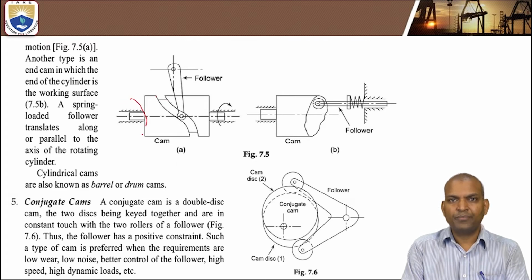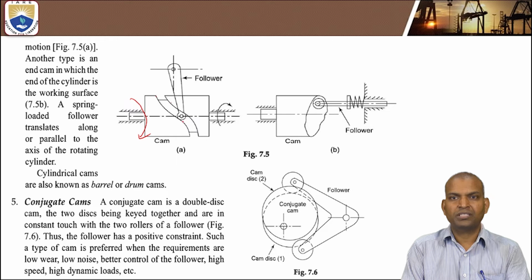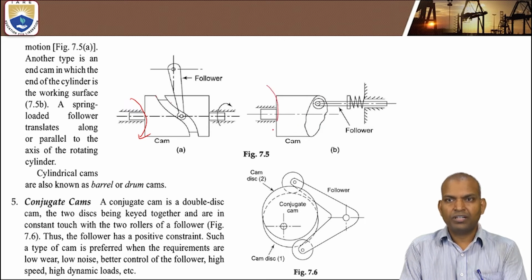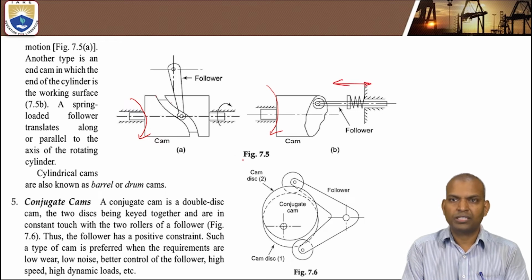When the cylindrical cam is rotating, what will happen? The follower motion is dependent on the groove on the surface of the cam. Similarly, this is another cam. When it is rotating, it reciprocates with horizontal translatory motion.